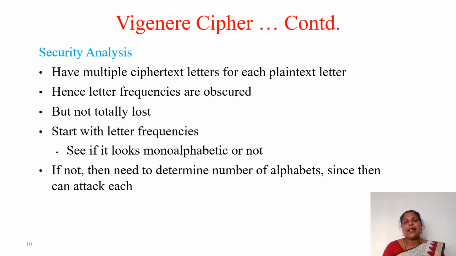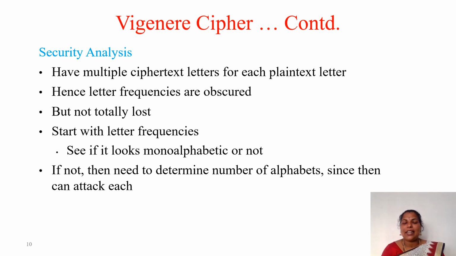Coming to the security analysis of this Vigenere cipher, it has multiple ciphertext letters for each plain text character. So it is somewhat more secure compared to the Caesar cipher, and letter frequencies are obscured here but not totally lost. It is also vulnerable to attack. Except for the one-time pad, all the ciphers are vulnerable to some form of attack.